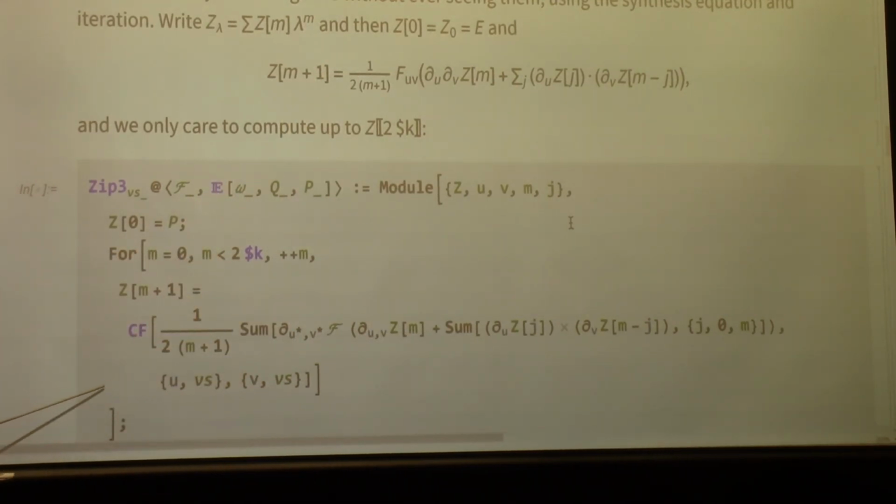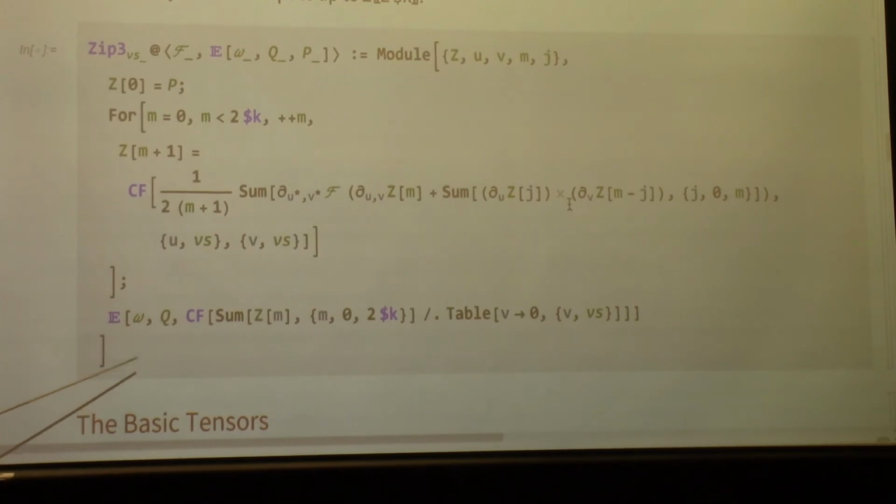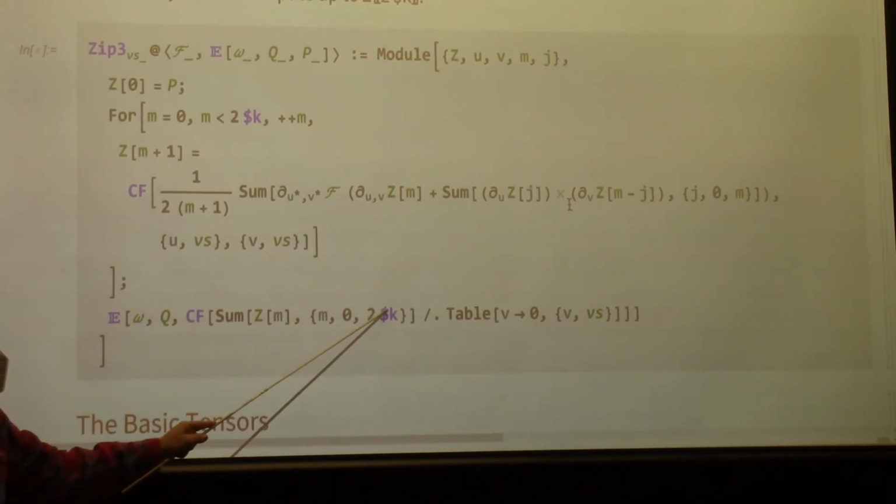And then the output is... I really want to know the output. I don't want to know what z lambda is. I want to substitute lambda equals 1 at the end. So zip3 just gives the sum of all the zm's where m runs from 0 to twice $k.